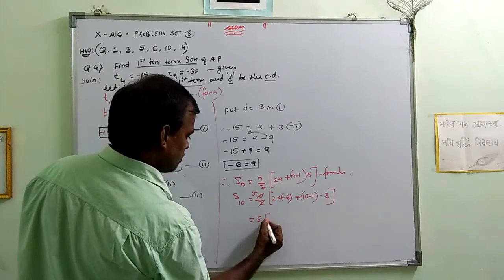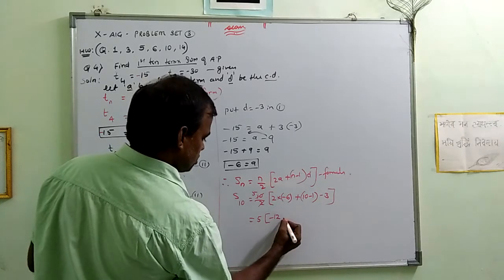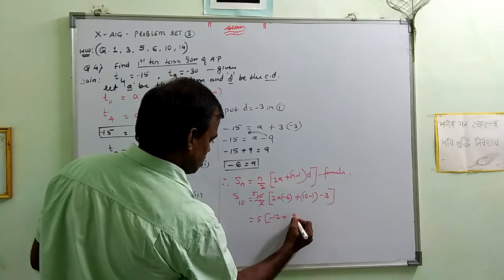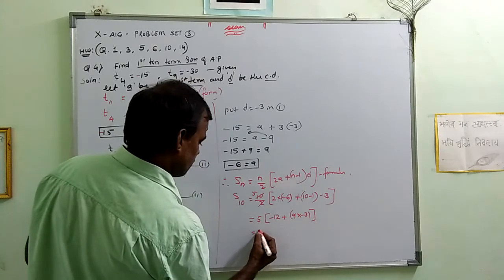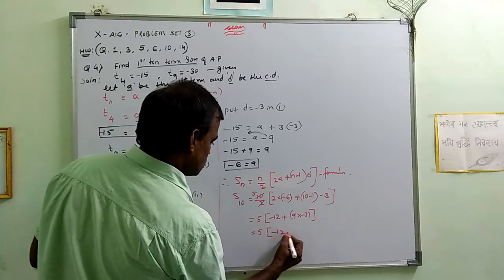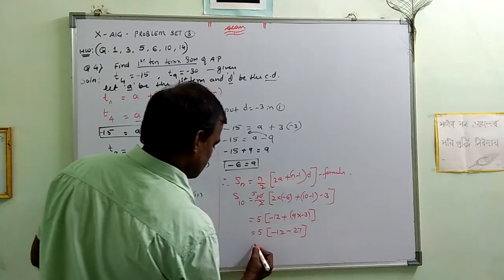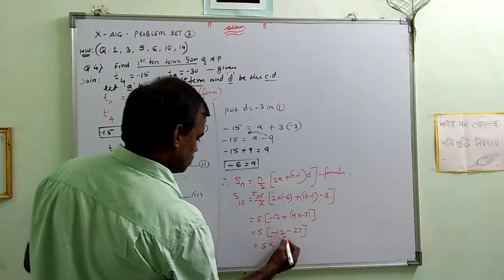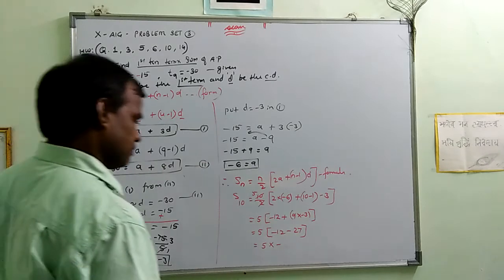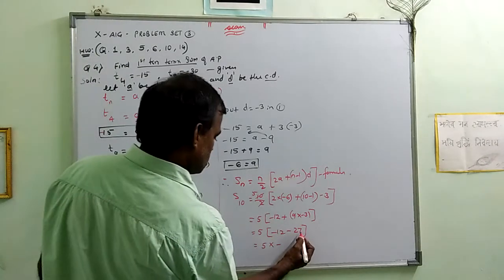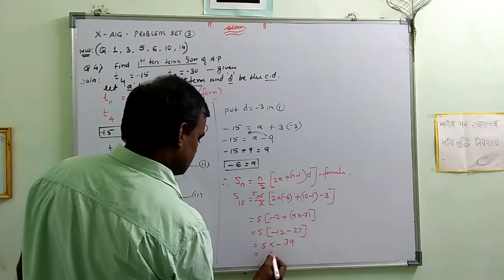So 5, 2 sixes are 12, minus 12. 10 minus 1, 9, 9 into minus 3. 5 into minus 12, minus into plus is minus, 9 3s are 27. 5 into minus 39.